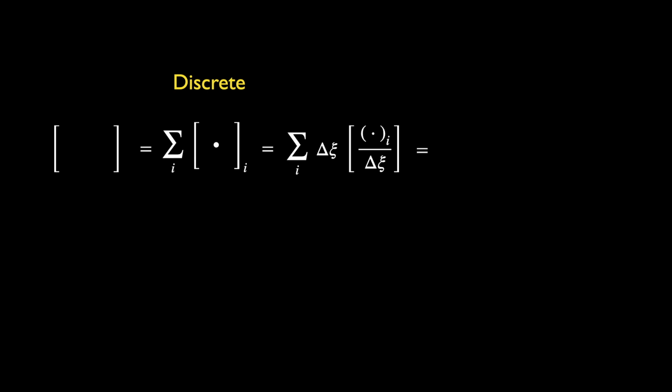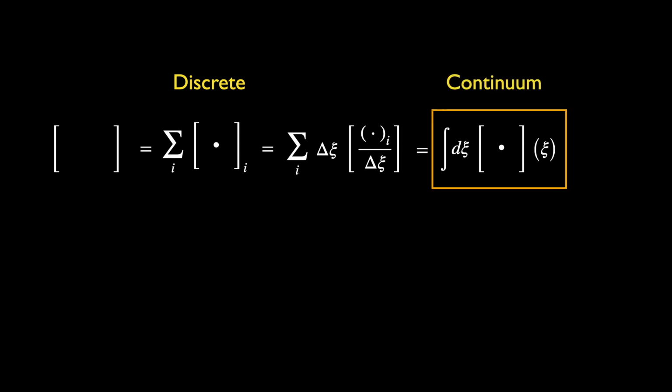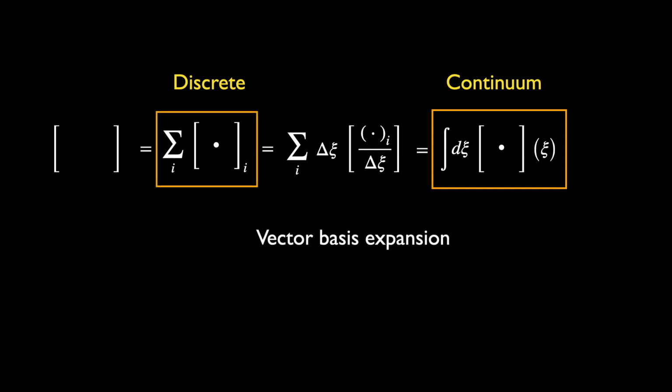Finally, we replace the sum by an integral in the continuum limit. Note that all objects under the integral are now continuum objects, which consist of continuum basis vectors and continuous variables, which used to be discrete coefficients. This integral is still basically a vector basis expansion, with the basis elements now labeled by the variable xi.